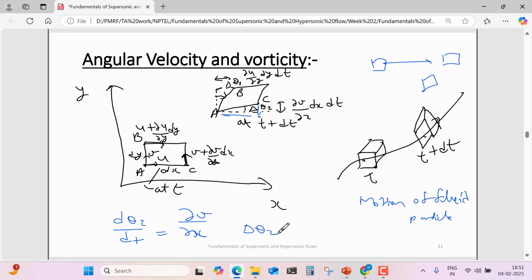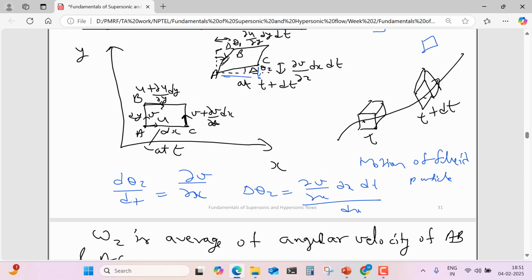This delta theta 2 is nothing but dou v by dou x dx dt upon dx, and if we take its rate of change, then it will become dou v by dou x. Similarly, d theta 1 by dt also.